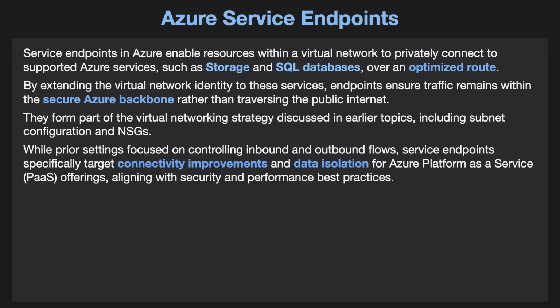They form part of the virtual networking strategy discussed in earlier topics, including subnet configuration and NSGs. While prior settings focused on controlling inbound and outbound flows, service endpoints specifically target connectivity improvements and data isolation for Azure Platform as a Service (PaaS) offerings, aligning with security and performance best practices.